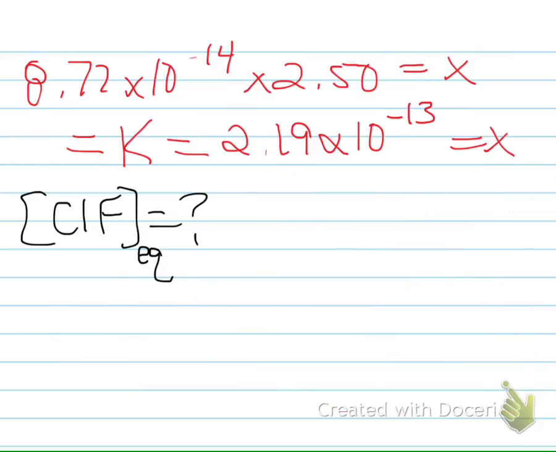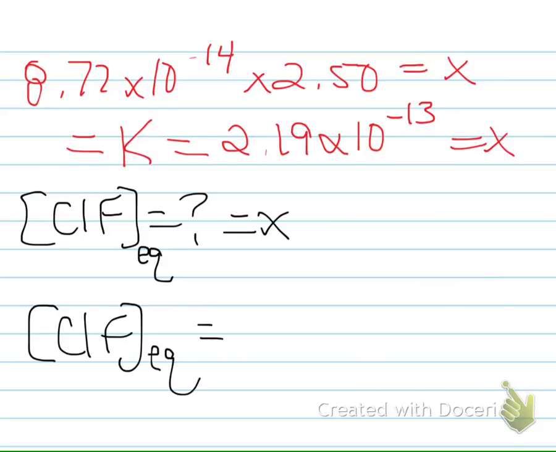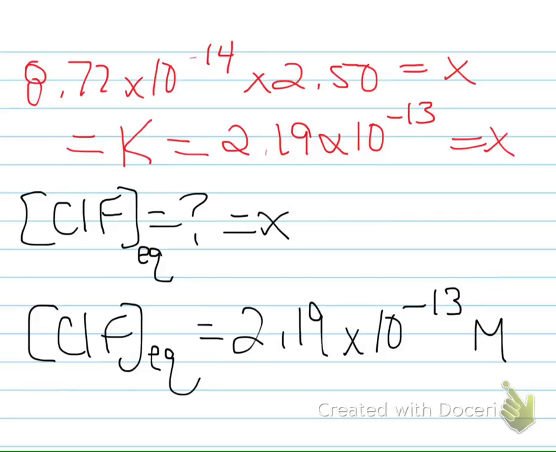So in this one, it's nice that we can say that indeed ClF at equilibrium is equal to x, and so ClF at equilibrium is 2.19 times 10 to the negative 13th molar.